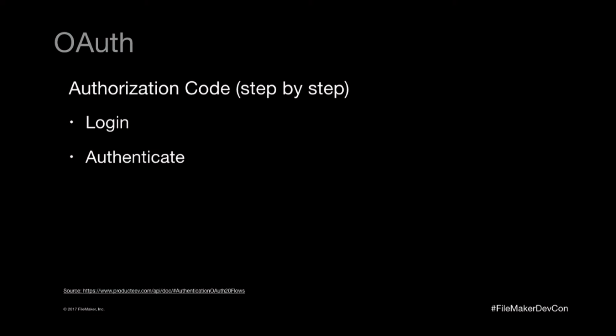When we are going to connect to the solution, we need to authenticate, which is to put our username and password. We are redirected to a website which we add, and in the URL of this redirection, there is a parameter that is our access token. We will see it later.